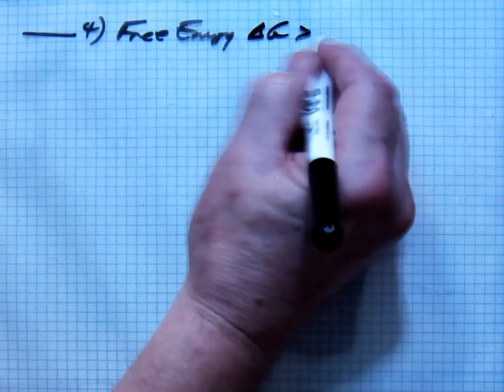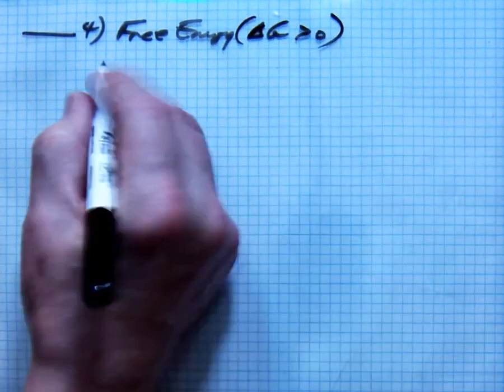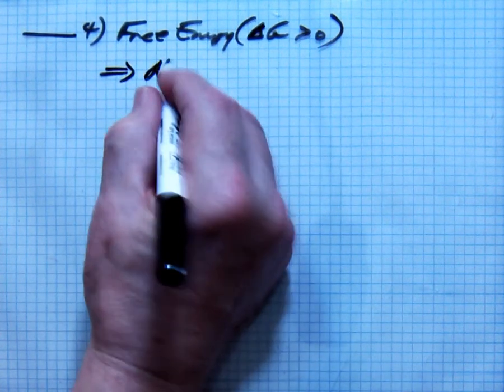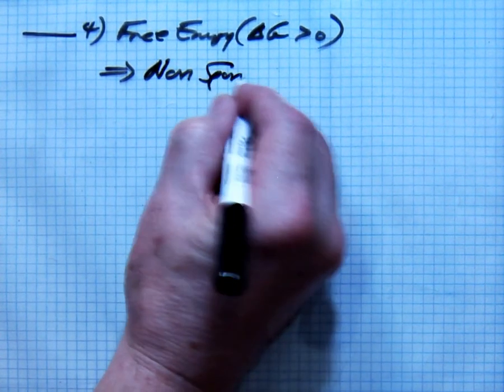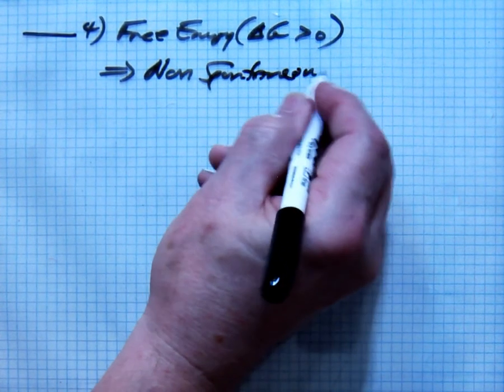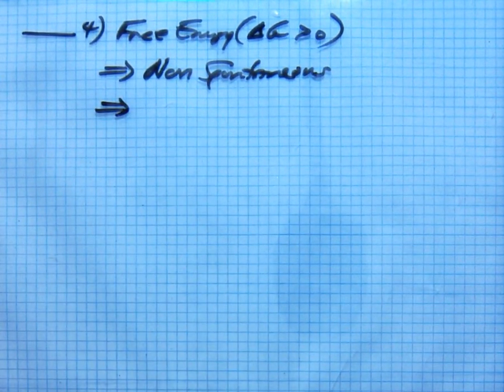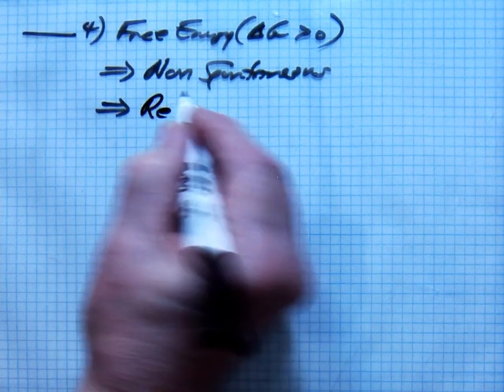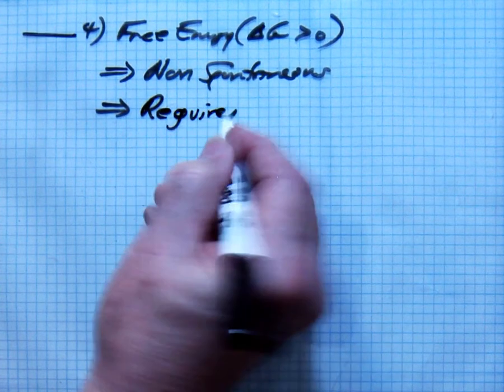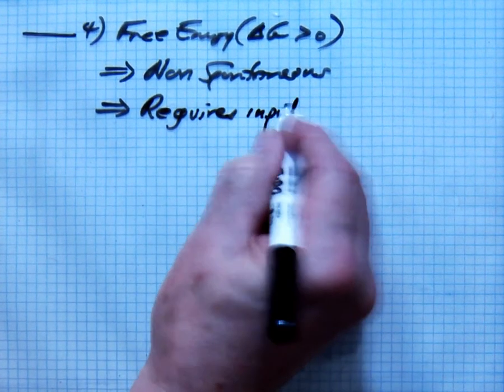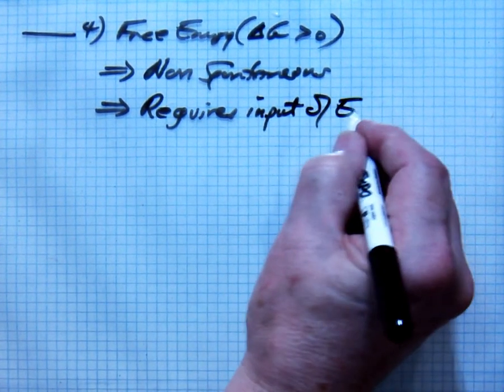Associated with the electrolytic process is delta G greater than 0. What does that mean? It means it's non-spontaneous. And what does that mean? It means that the process to operate requires the input of outside energy source. Requires input of energy.